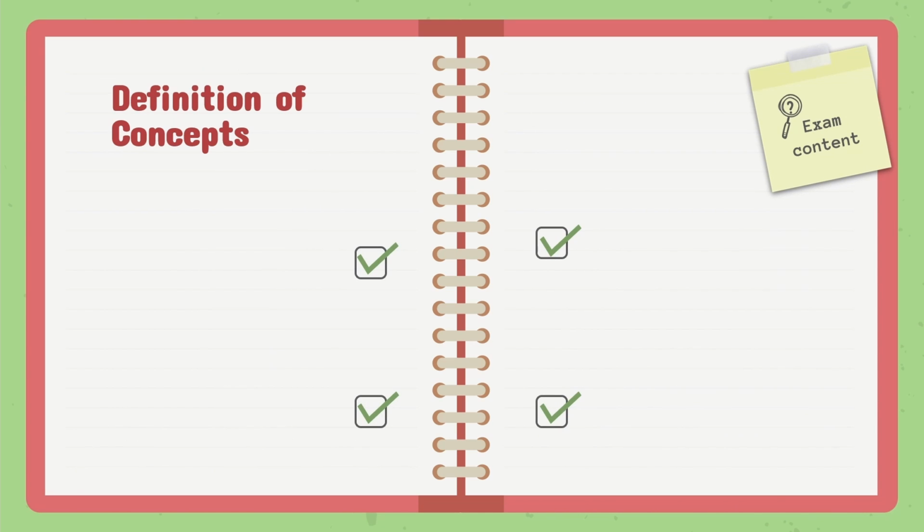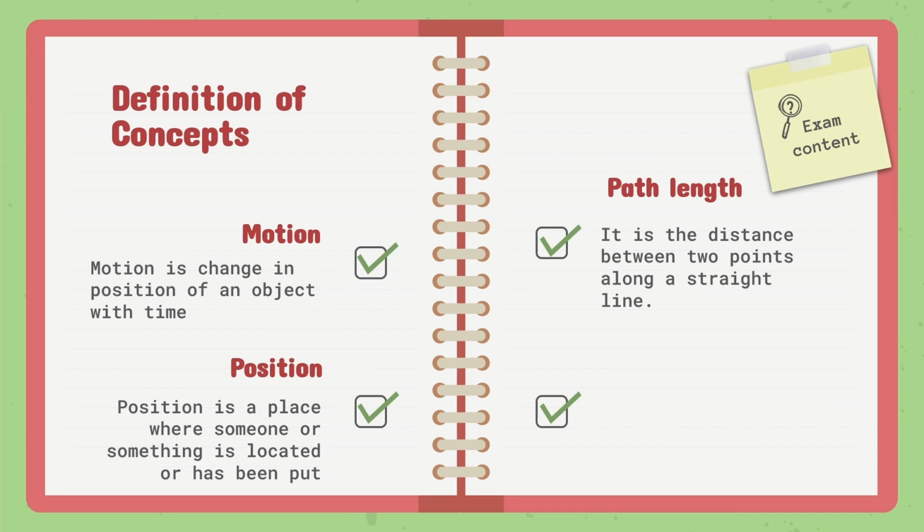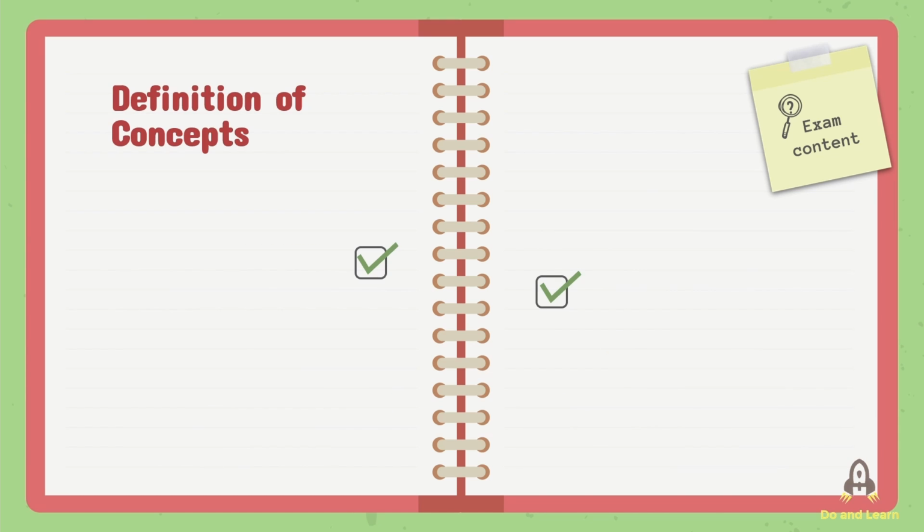Let us discuss what we have learned from an exam point of view. We have discussed what motion is: a change in position of an object with time. Position is a place where someone or something is located or has been put. Path length is the distance between two points along a path. Displacement is the shortest distance between initial and final position.